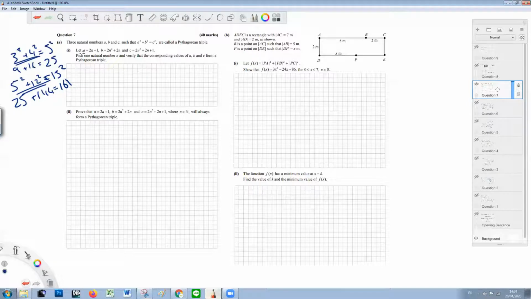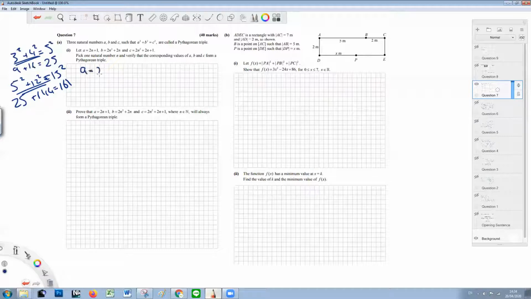All right, so let a equal 2n plus 1, b is equal to 2n squared plus 2n, and c is equal to 2n squared plus 2n plus 1. Pick one natural number and verify that the corresponding values of a, b, and c form a Pythagorean triple. Okay, so I'll just pick 1 because it's going to be easy.